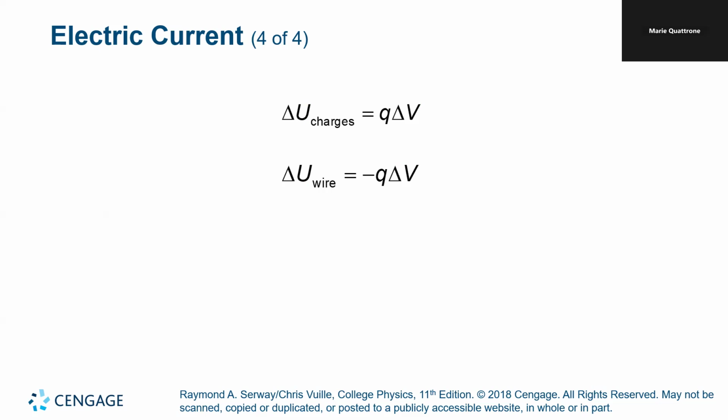And as they travel, as the current flows, the electrons or charges, positive or negative, lose energy. It's very important to understand that current results in the loss of energy. And we are going to be tracking, going forward, the journey of the positive charges through a circuit.